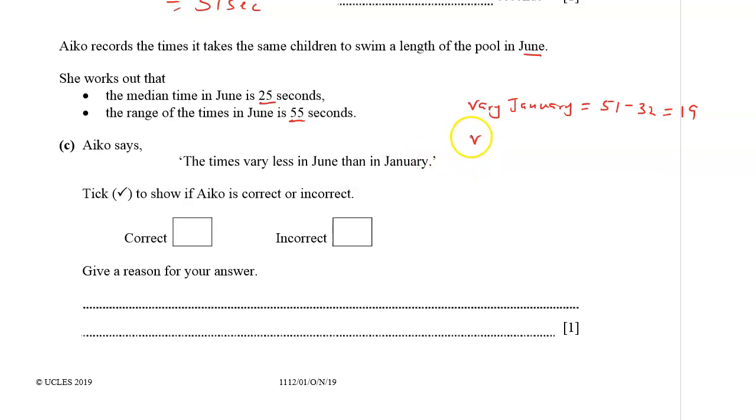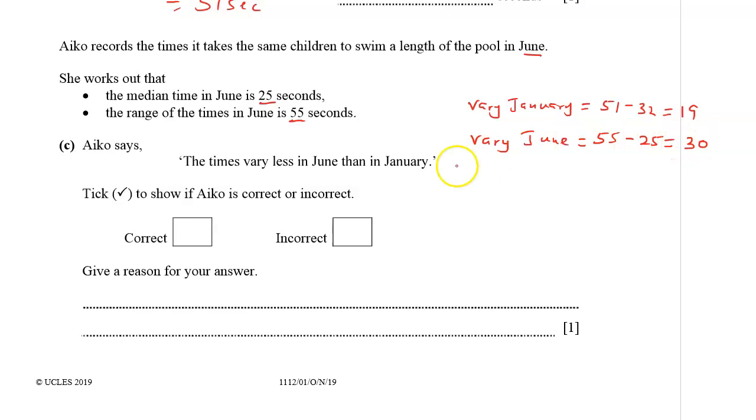Then we get the variation in June. The variation in June is 55 for the range minus the median, which is 25. Vary is basically the difference. So when you subtract that, you get 30.